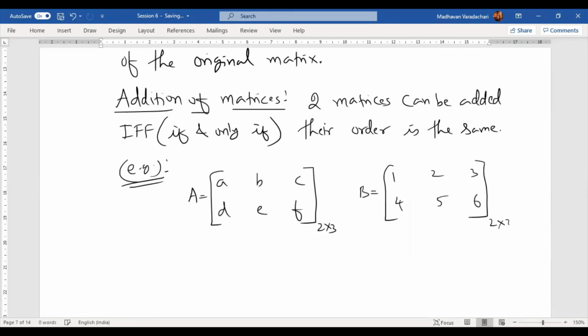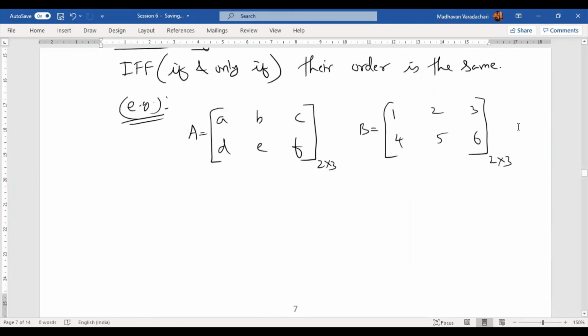Then A plus B is obtained by adding the corresponding elements: first row first column with first row first column, second row second column with second row second column.